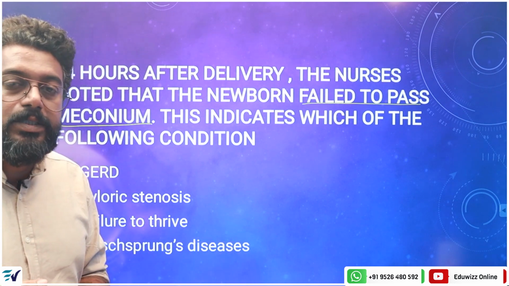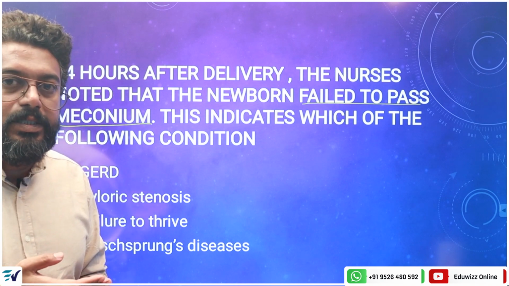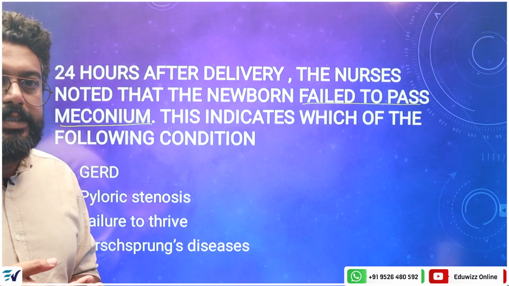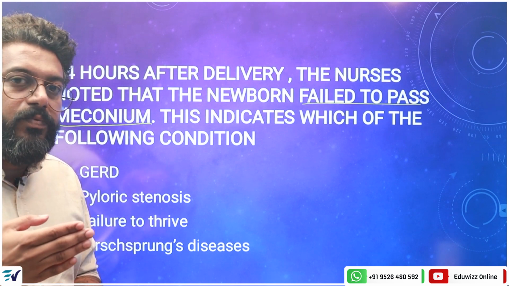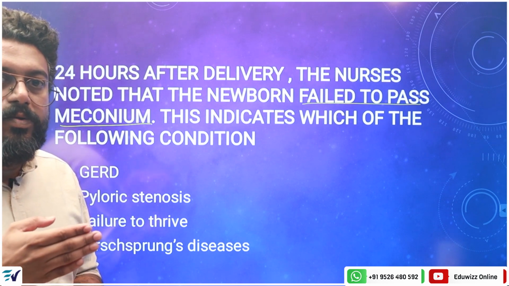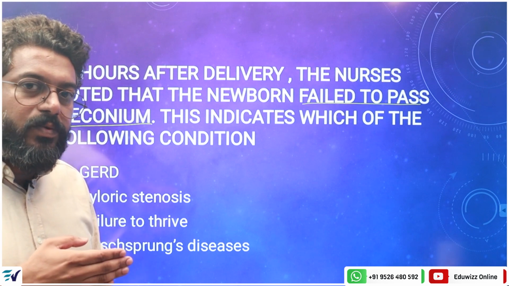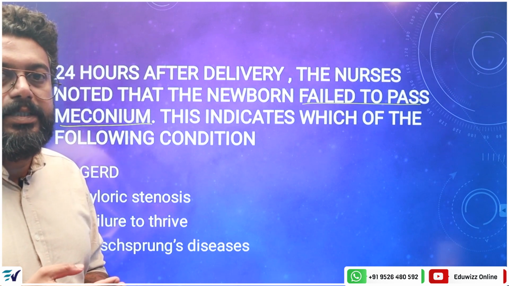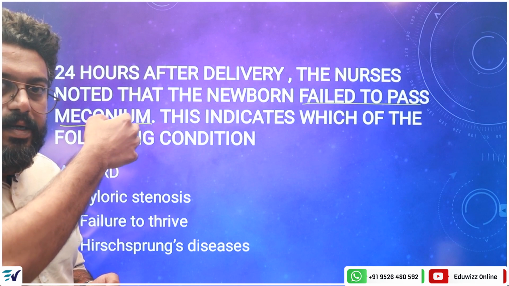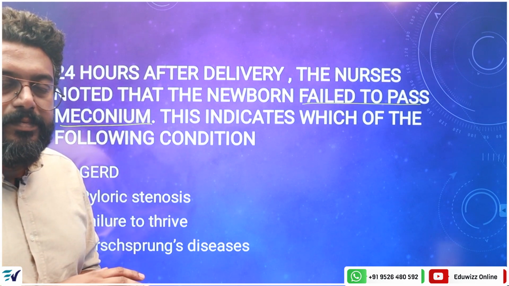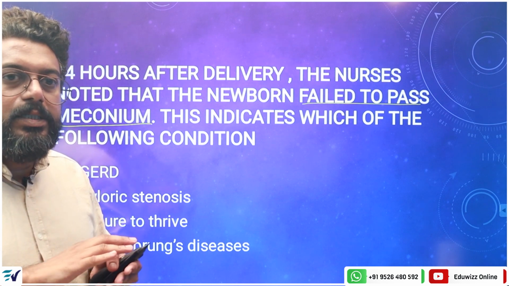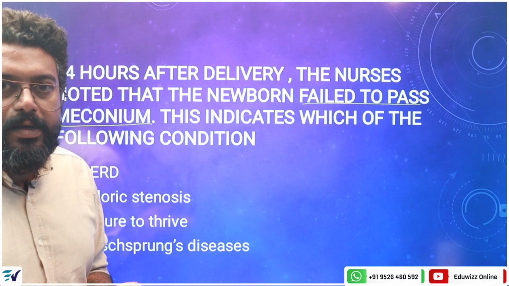Aganglionic megacolon means absence of ganglionic cells in the lower part of the large intestine, mainly in the sigmoid colon and rectum, resulting in absence of nerves which help in normal peristalsis. Because of absence of peristalsis, stool from the upper segment comes to the affected area and accumulates there, which results in distension of the colon, known as megacolon.